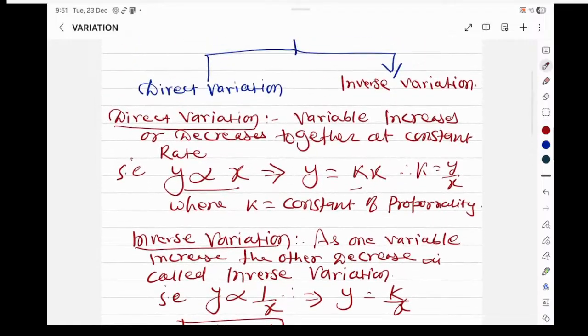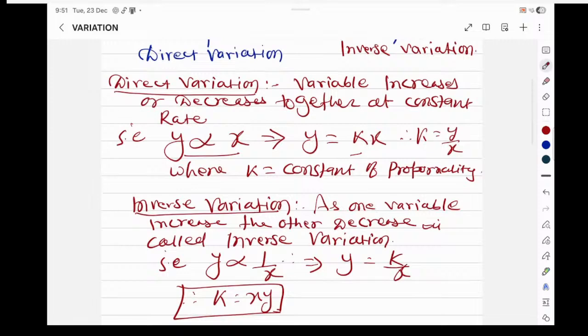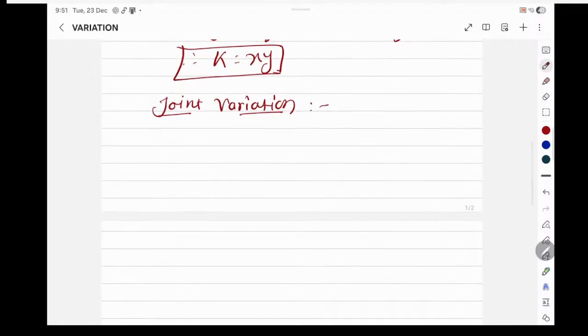There are four types of variation. Mainly two types are very important: direct variation and inverse variation. Another is joint variation. Do you know about joint variation?